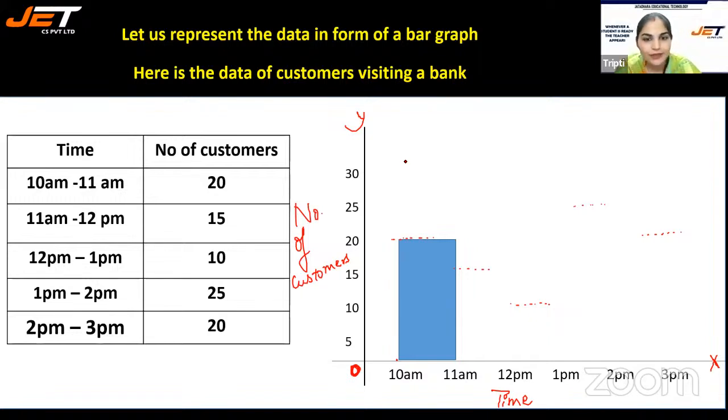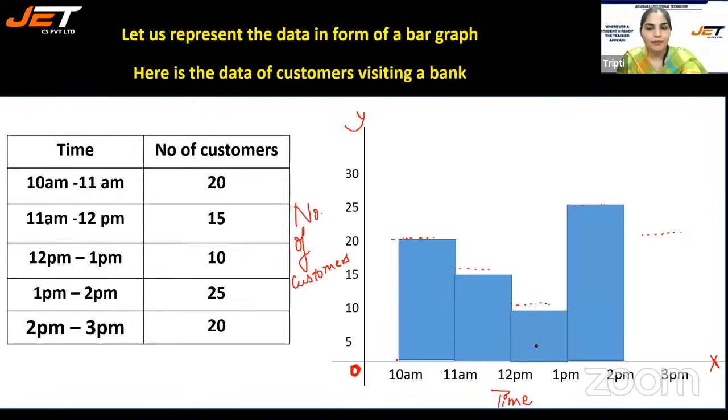So from 11 to 12 p.m., it's 15, as you can see here. From 12 p.m. to 1 p.m., it's 10. From 1 p.m. to 2 p.m., it's 25. And 2 p.m. to 3 p.m., it's 20.